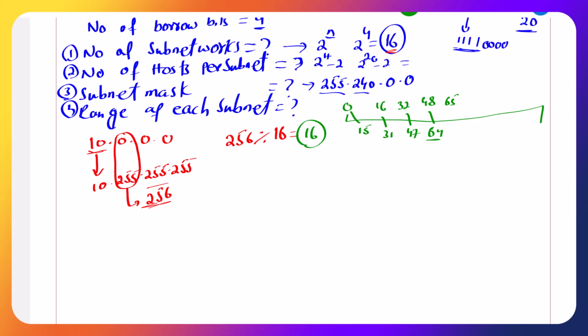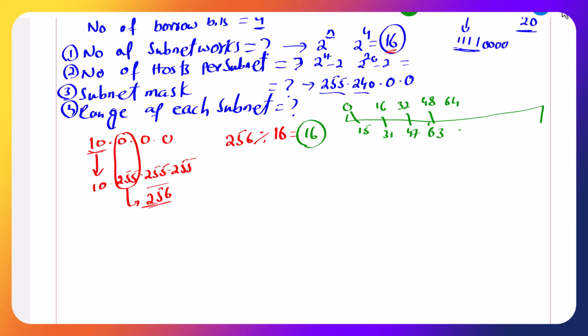To this 64, add 16. Here is a mistake. Remember, the end value must always be an odd value, so it must be 63. The next value should be 64.